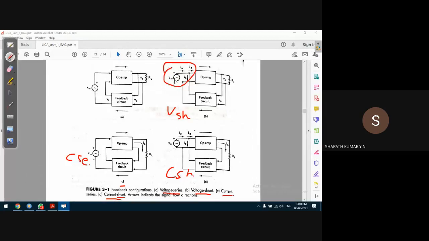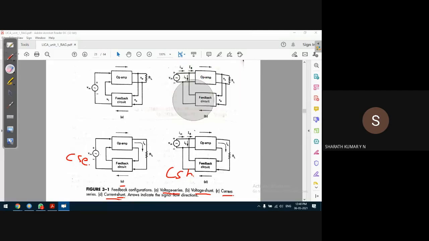Because it is in parallel, we call it a shunt operation, voltage shunt feedback. And since we are feeding back the output voltage, we call it voltage feedback.